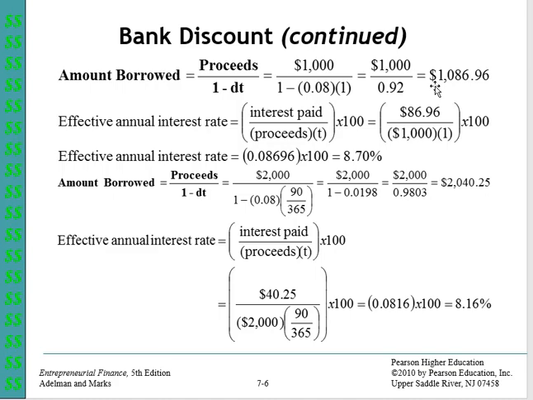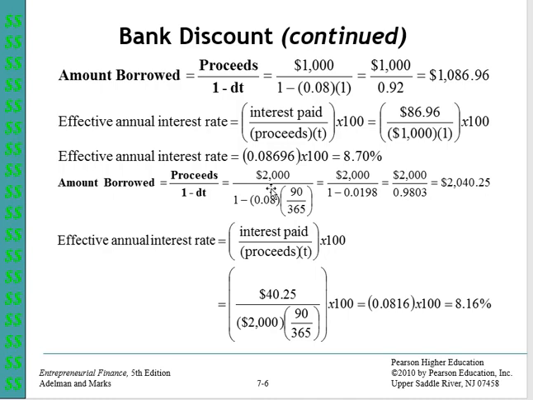So you'd actually have to borrow $1,086.96. So what is the effective interest rate? You take the 86.96 divided by the proceeds times t. That essentially turns out to be 8.7%.